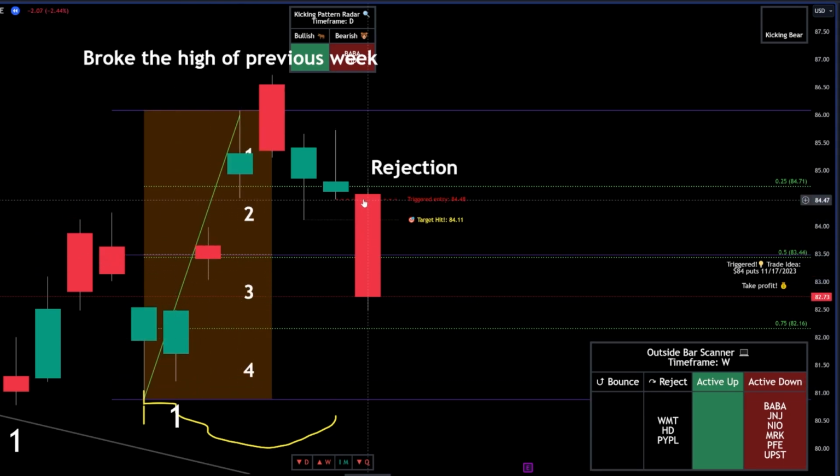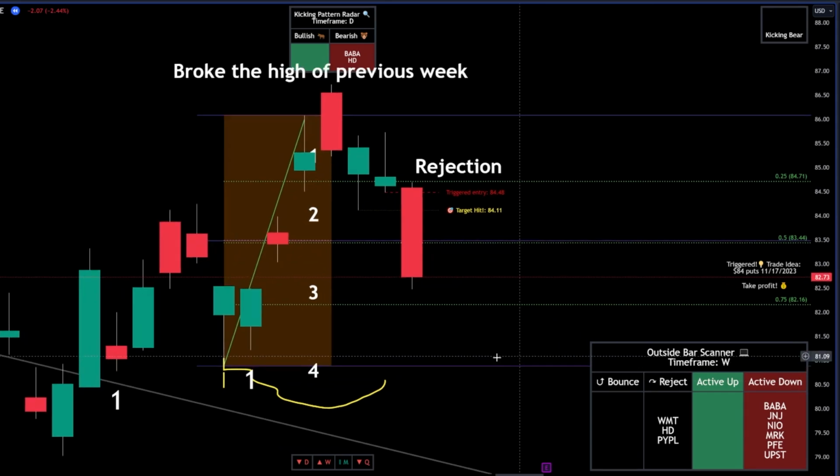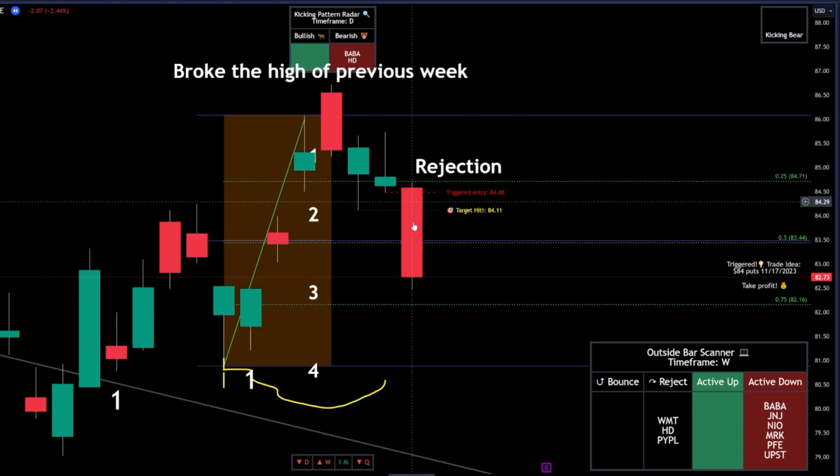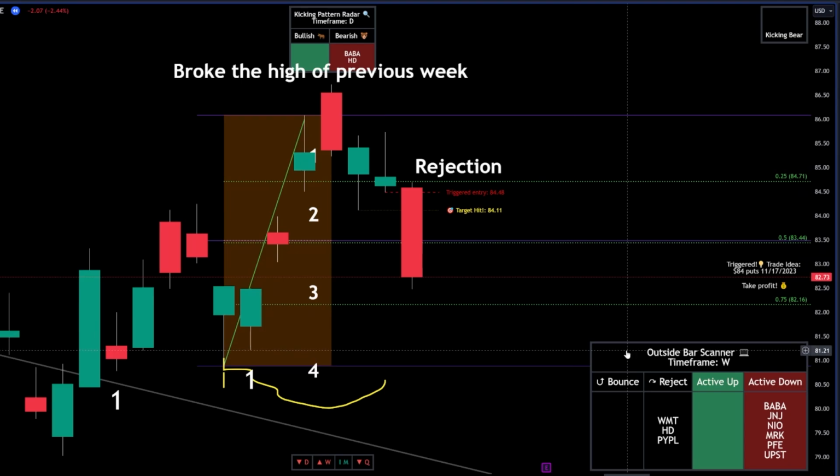So either you entered BABA today and had the expectation we might fall to 80 by Friday or next week, or you're going to wake up tomorrow morning, get ready for the market day, and be ready to buy BABA puts for that possibility that it might go down to the $80 before the end of the week. I'm not telling y'all to do that, but I'm just saying we see a high probability for the possibility of that happening.